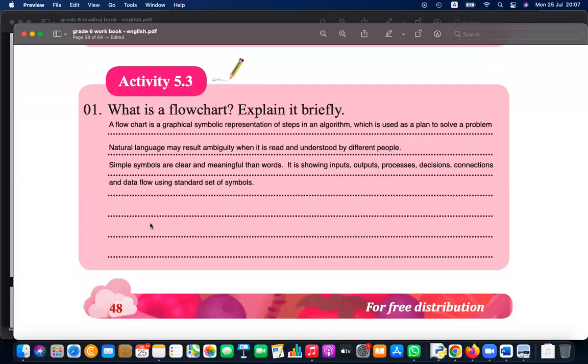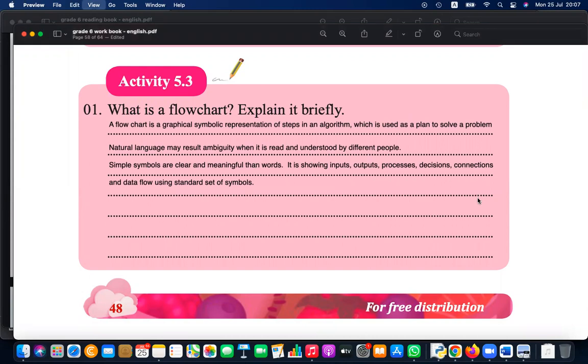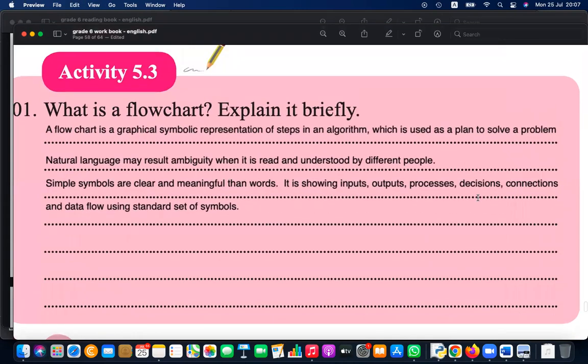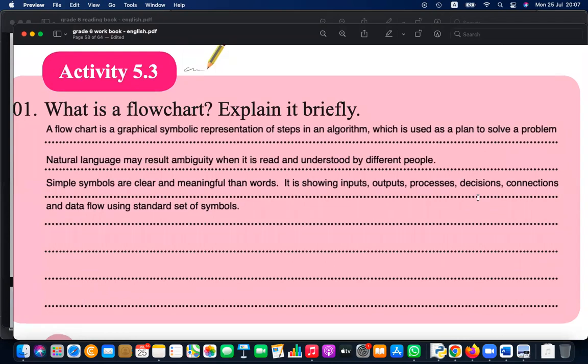Okay, then activity 5.3. What is a flowchart? A flowchart is a symbolic and graphical representation of an algorithm, right? It uses standard symbols, so that shows the plan. Why are there standard symbols? Because if you write things using natural language, it can be ambiguous.